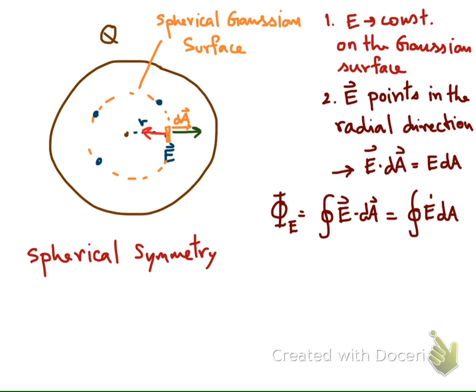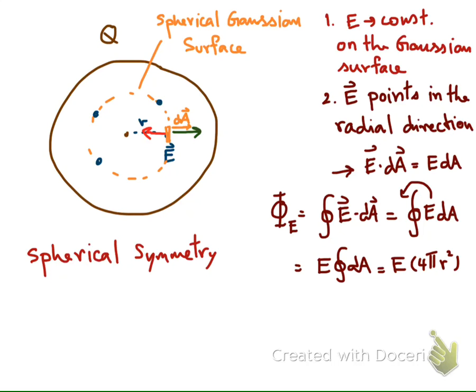Again E is a constant, so we can put it outside the integration, and the integral of dA is the surface area of the Gaussian surface, so we have E times 4 pi r squared.